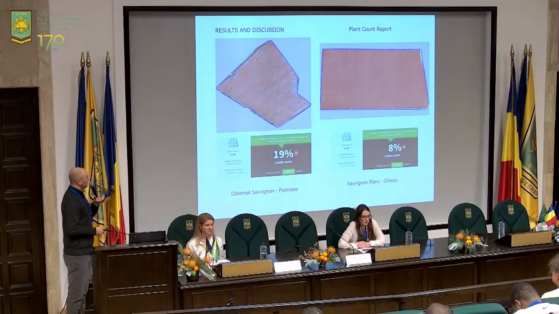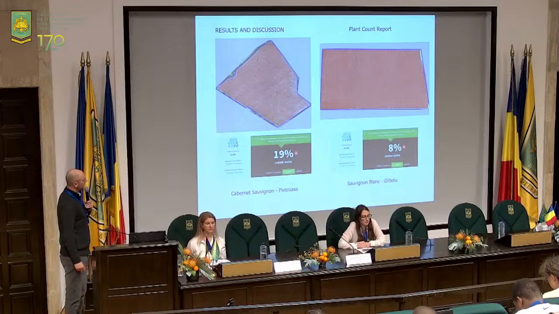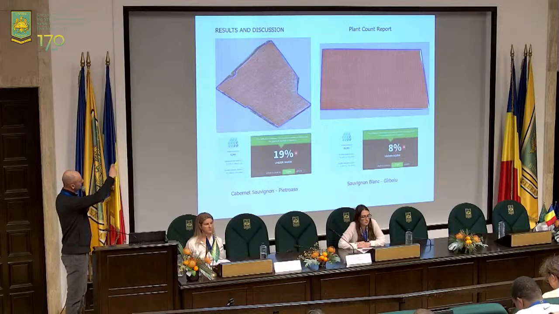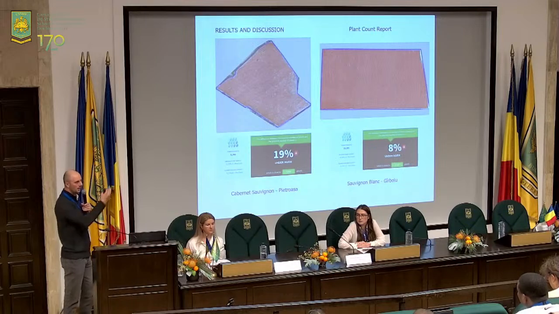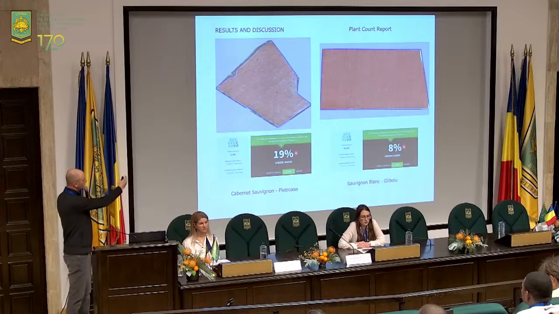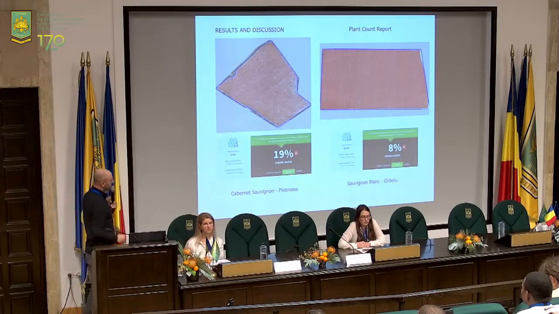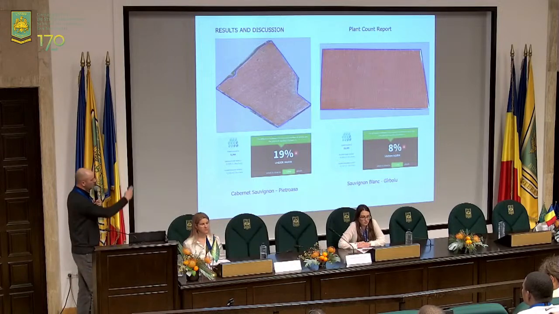The second report is the plant count report. I introduced to the program the exact area of the plot, the distance between the vines, and the distance between the rows. It made the calculation and told me that for Cabernet Sauvignon I have almost 20% missing vines, and for Sauvignon Blanc in the second winery, only 8%.